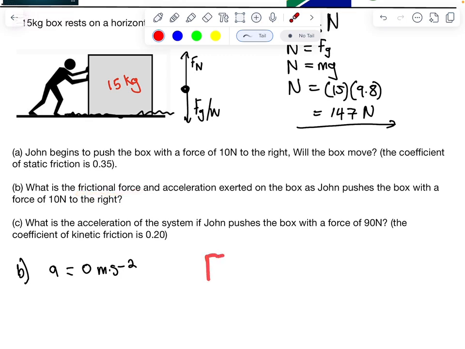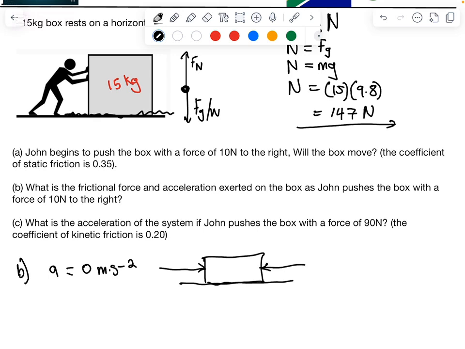So if I were to draw this box here, this is the box, we have the surface, and this box is pushed to the right by John, right? Now this box is not moving because the forces are balanced, meaning that the force applied is equal to the frictional force.